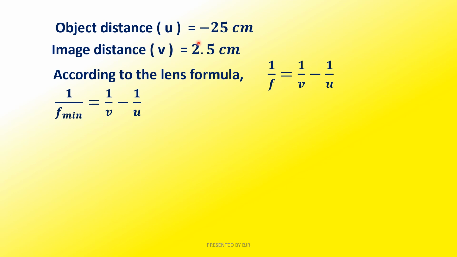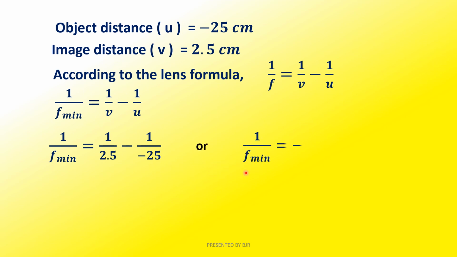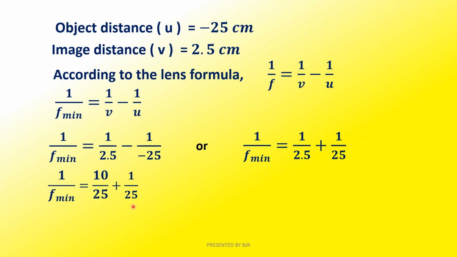Let us substitute these values. 1 by f minimum equal to 1 by 2.5 minus 1 by minus 25, or 1 by f minimum equal to 1 by 2.5 plus 1 by 25. I am removing this decimal point by keeping 10 here. 1 by f minimum equal to 10 by 25 plus 1 by 25.